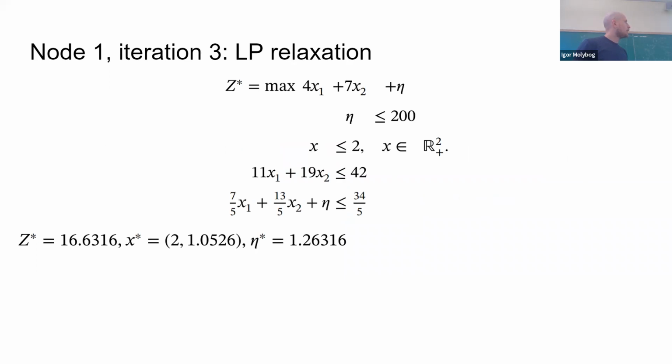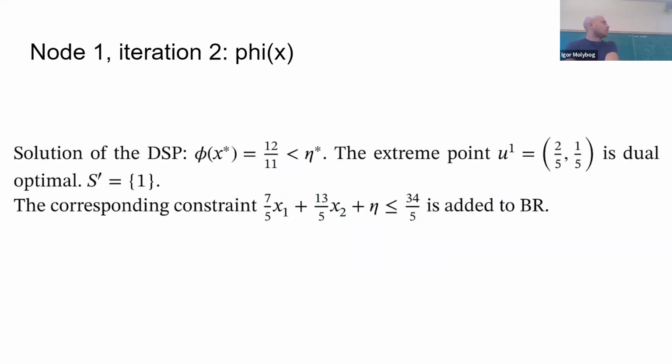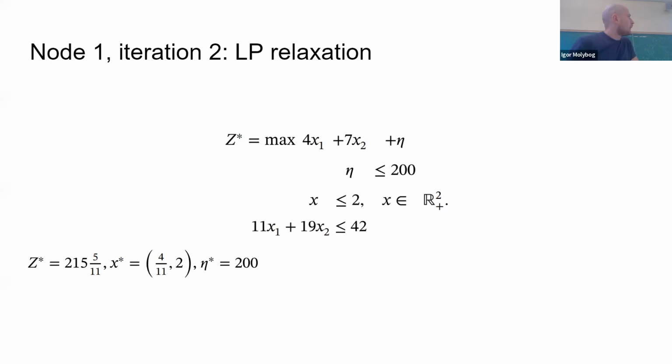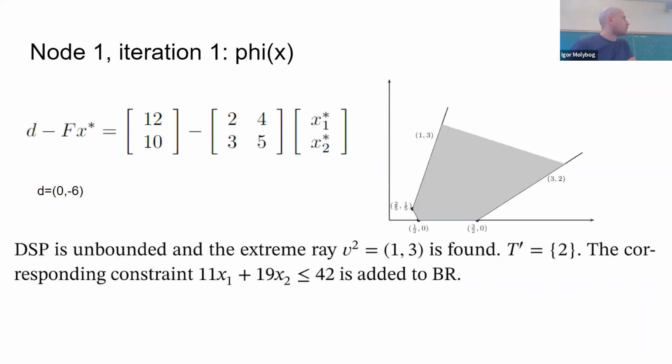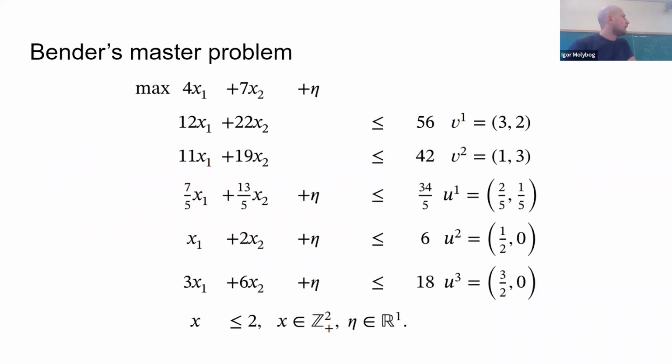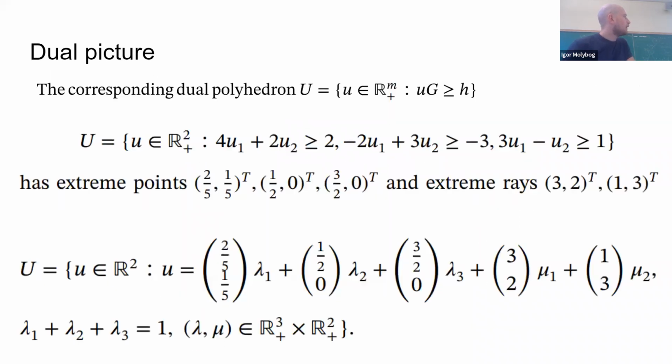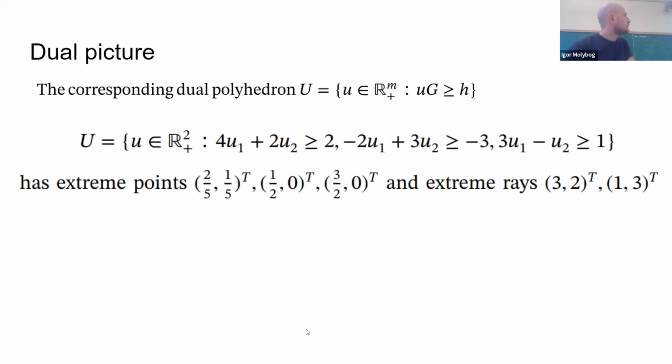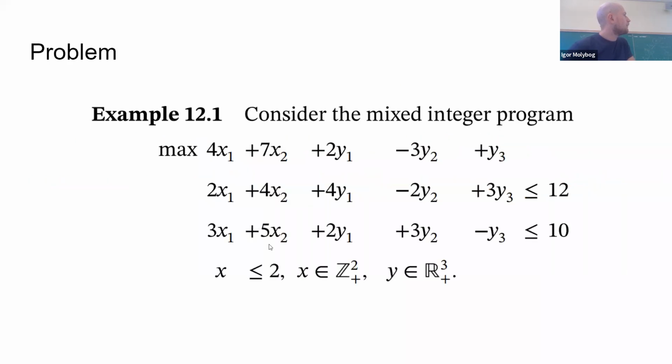Are there any ambiguities regarding how to solve for phi of x in this case? There are two approaches to solving for phi of x. As you can see in this particular example, we have three primal variables, y1, y2, and y3, and two dual variables.